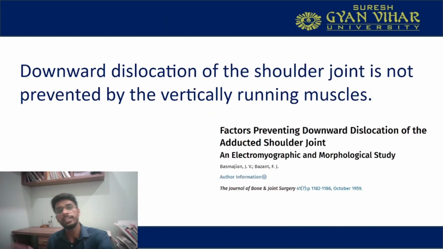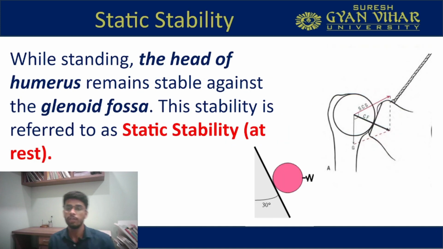To understand static stability, you have to see this diagram over here. As we have already read in the osteological features of the shoulder complex, your scapular glenoid cavity is 5 degrees upwardly rotated. It is not in a straight or vertical direction, it is 5 degrees upward rotated.